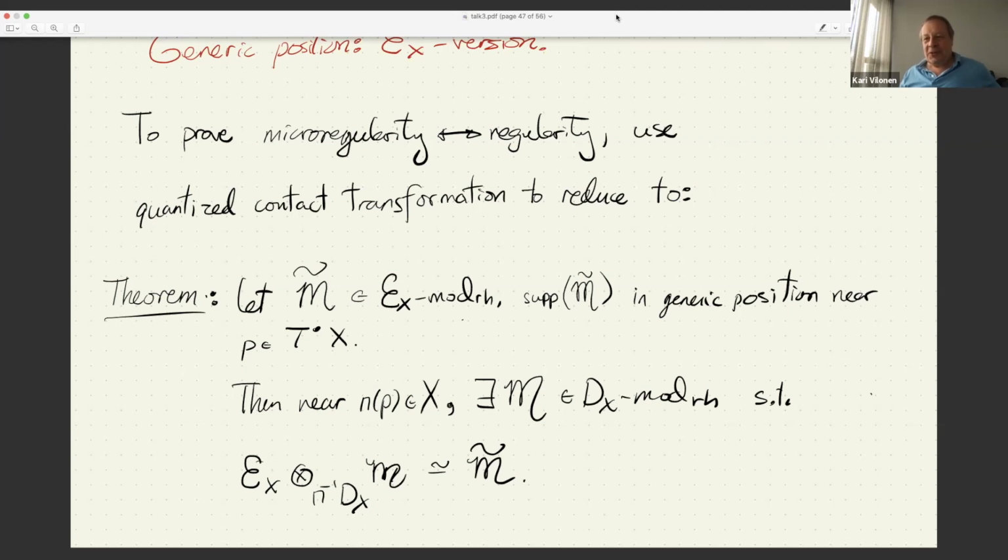Because it certainly works in one variable. That's a standard old thing by Fuchs or somebody. In one variable, right, it certainly is correct.